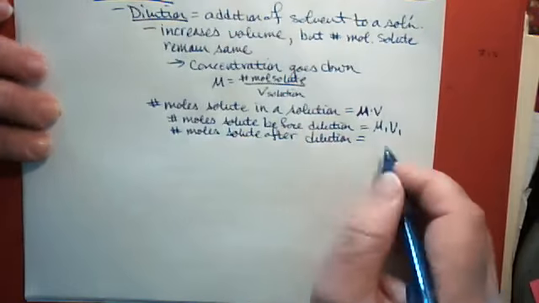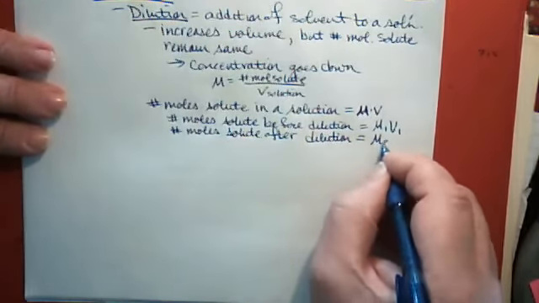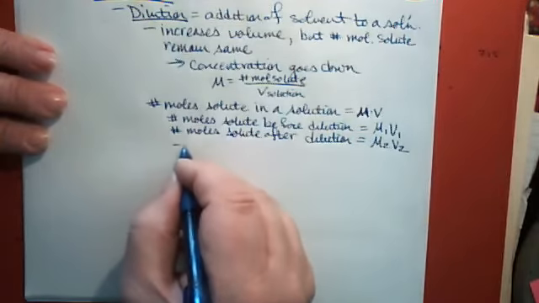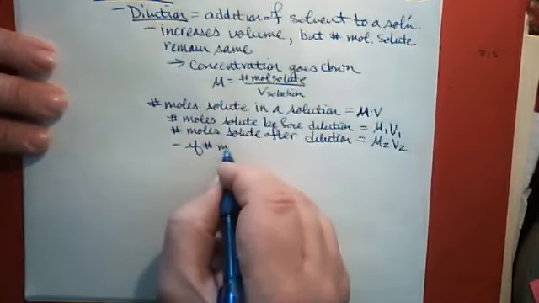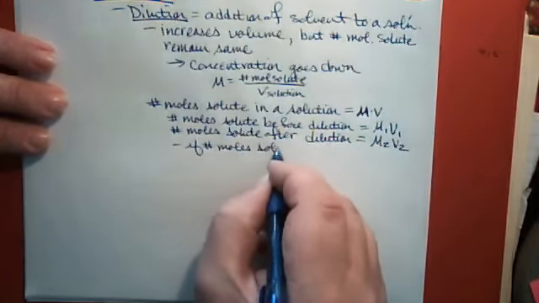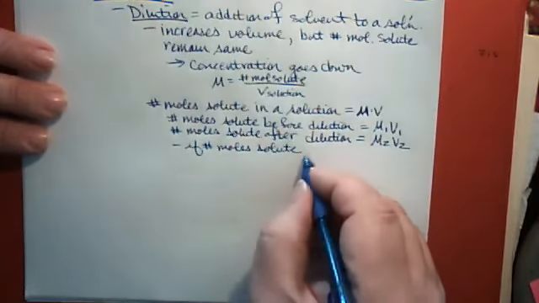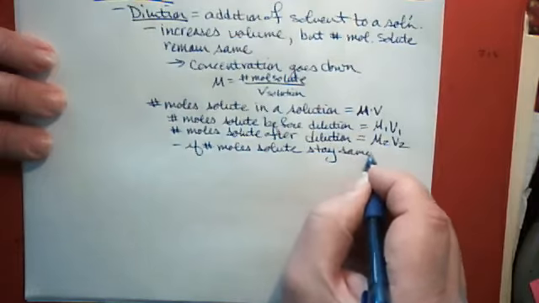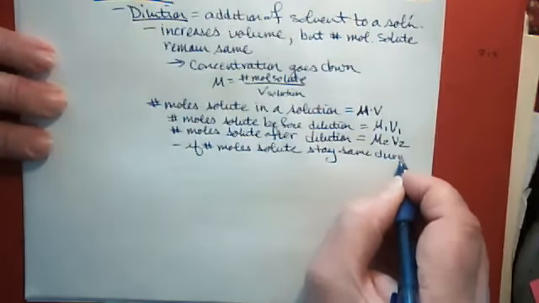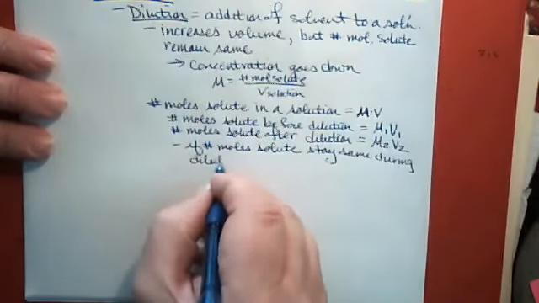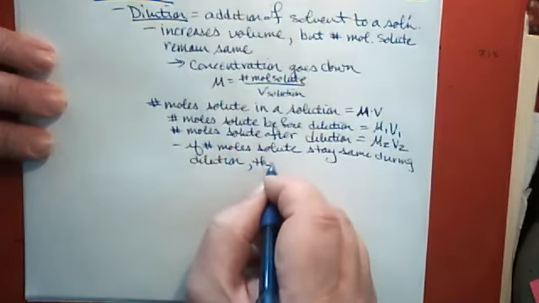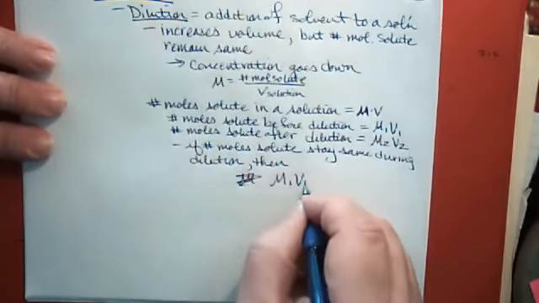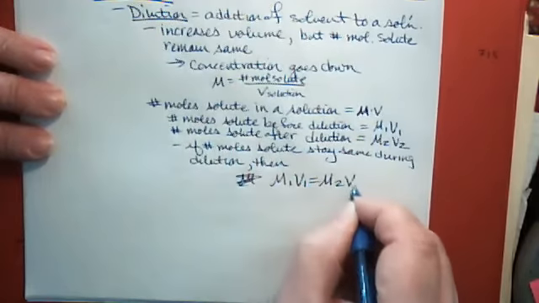And we'll call the number of moles of solute after the dilution M2V2. And if the number of moles of solute stay the same during a dilution, that means that M1V1 must be equal to M2V2.